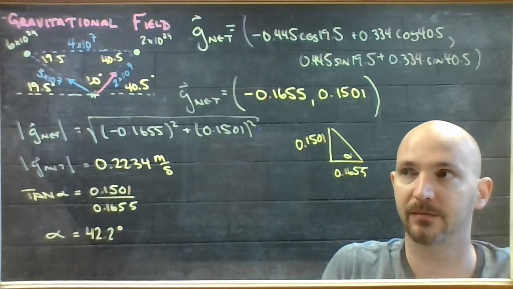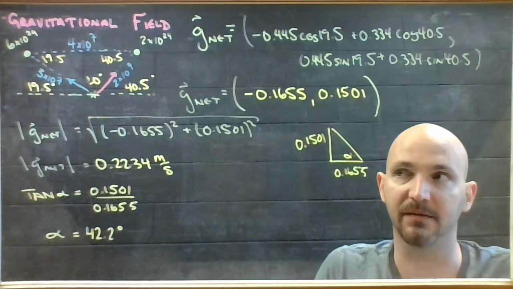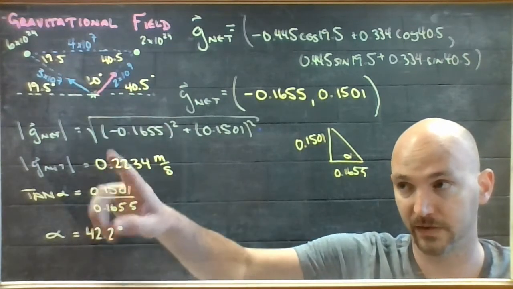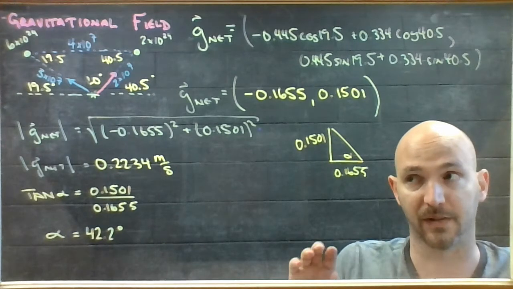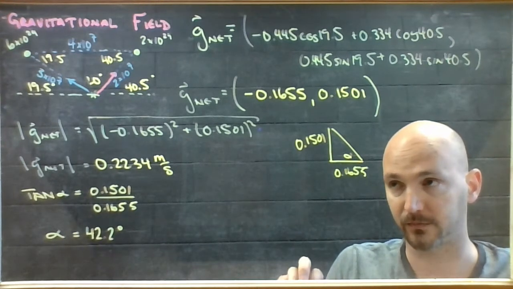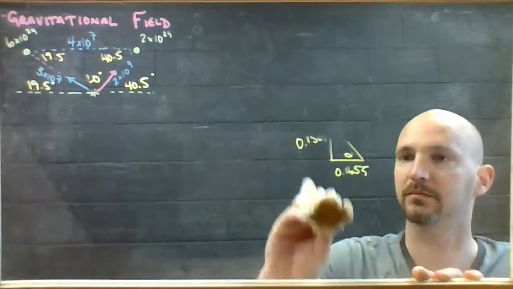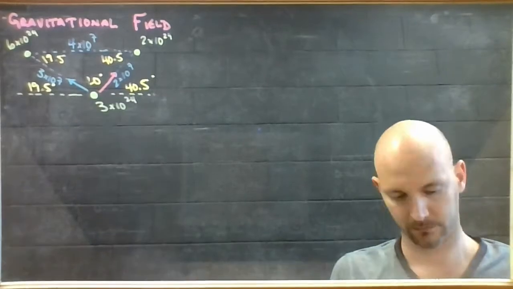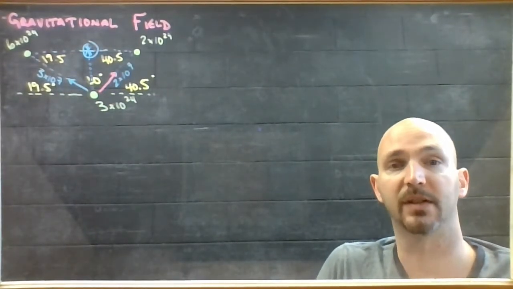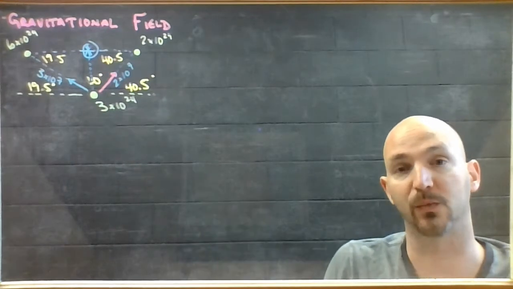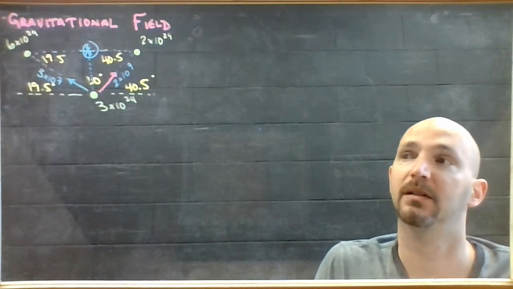All right, good. So now that we've got our net accelerations and our net gravitational field, here it is. I'm going to erase this, and we're going to try a 3 mass problem. So I'll just clear off some space. I'm going to try and determine the net gravitational field at this location, which is directly above that particular mass.